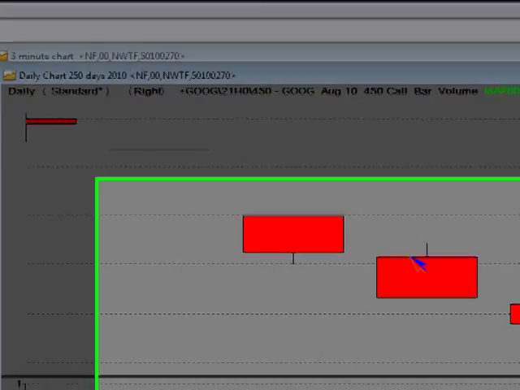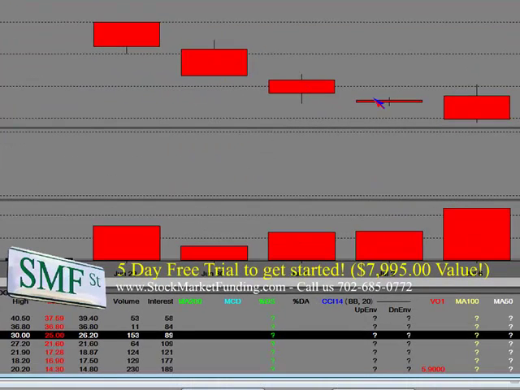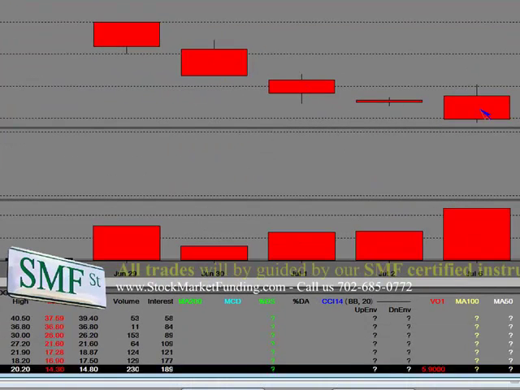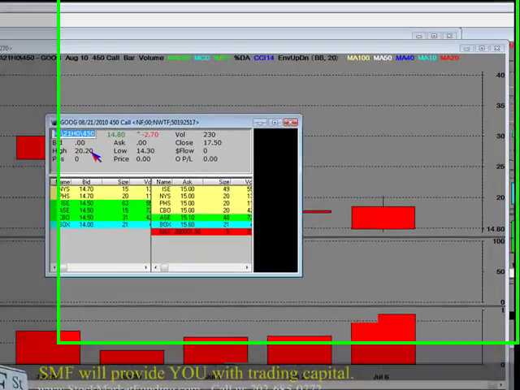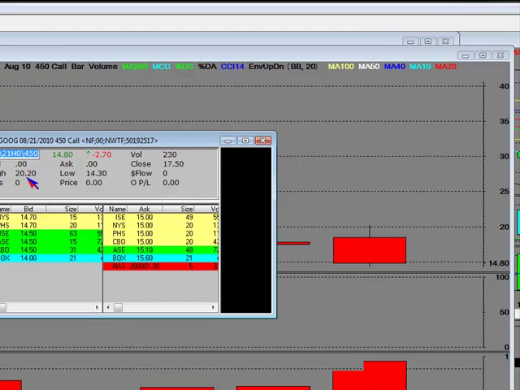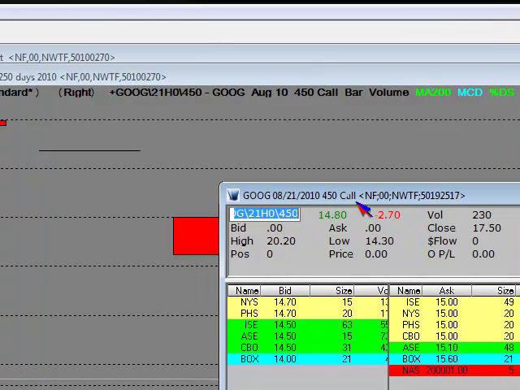One day later, 2 days later, 3 days later, 4 days later, including yesterday, the high was $20.20 of that August 450 call option that had a closing price of 17.50 on Friday before the holiday.